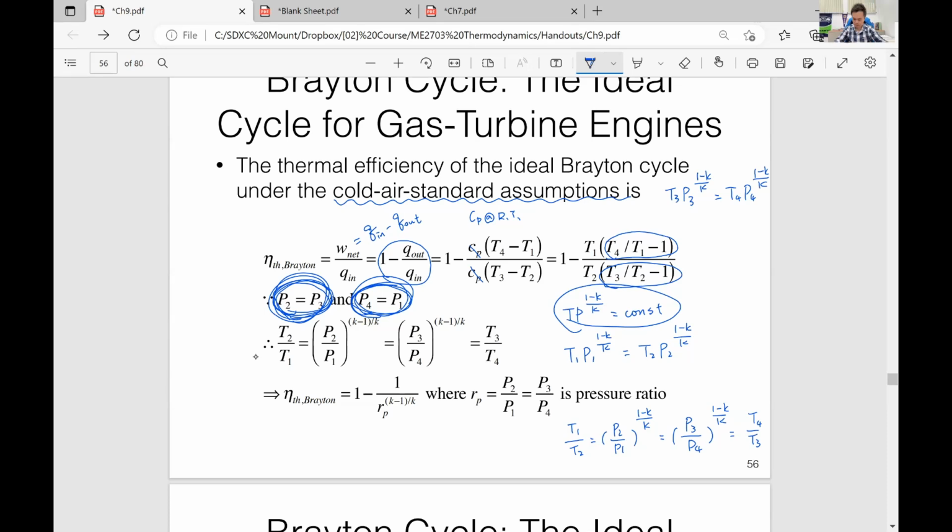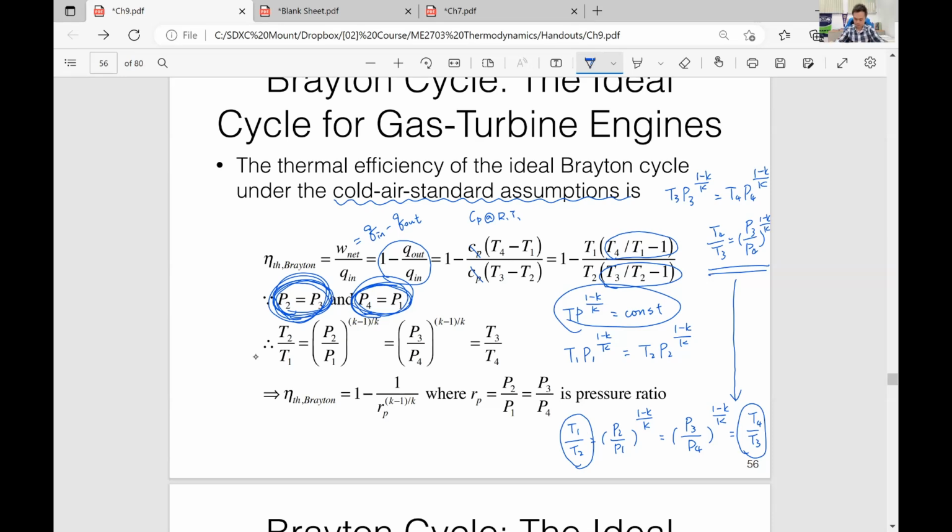Then T4 over T3 is P3 over P4 to the (1-K)/K. So we can write it like this. Then we got this very important temperature ratio: T1 over T2 is the same as T4 over T3.